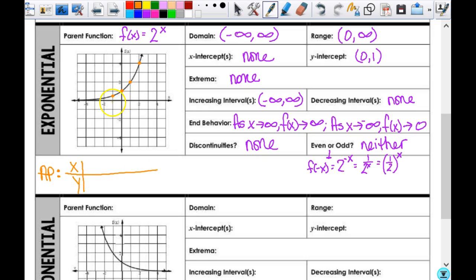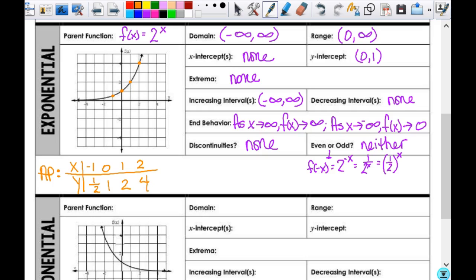When x is -1, what would y be here? 1/2. Ooh, those decimals just give me the heebie-jeebies. And then x is 0. What is y? 1. And then 1, 2. And then 2, what? 4. Okay.